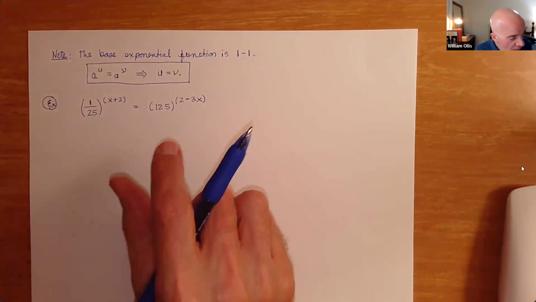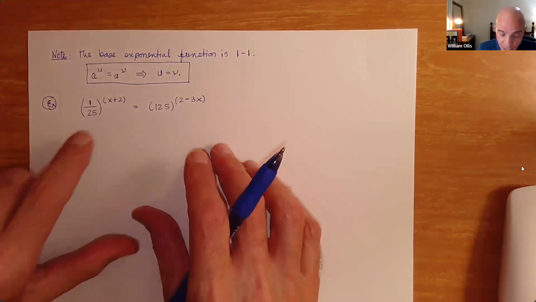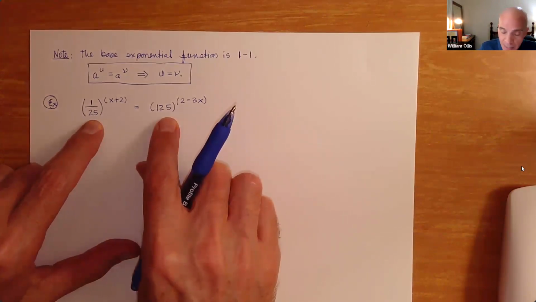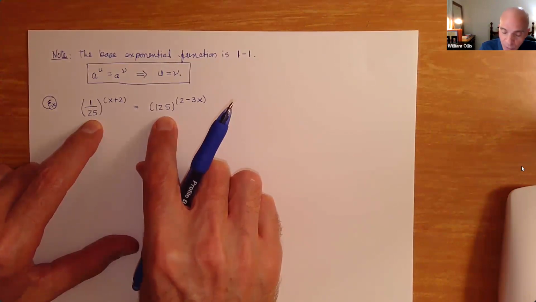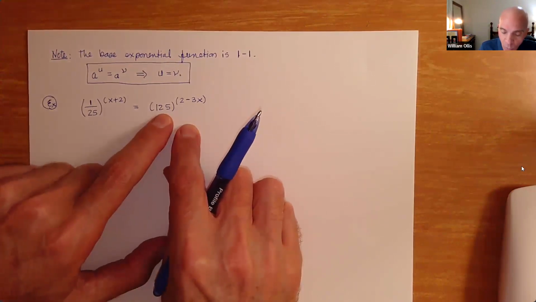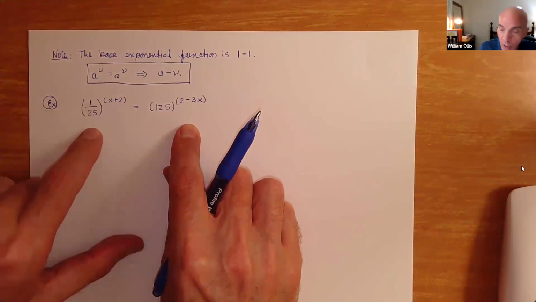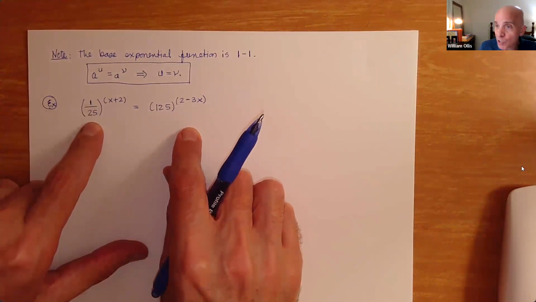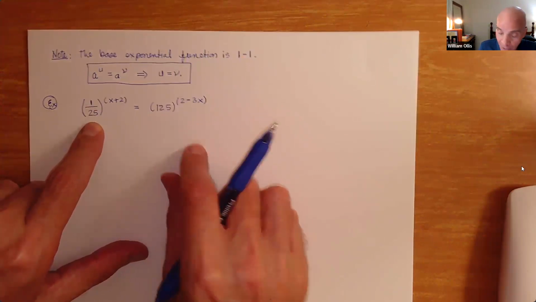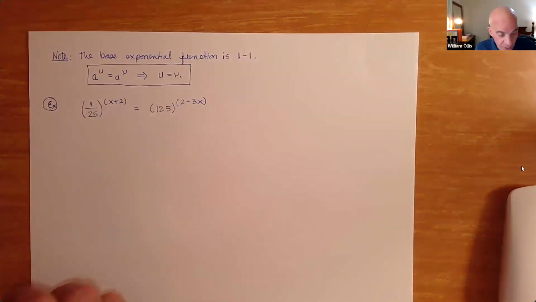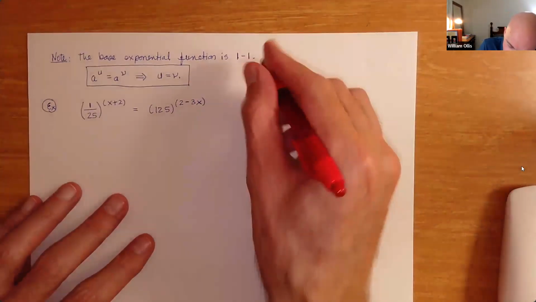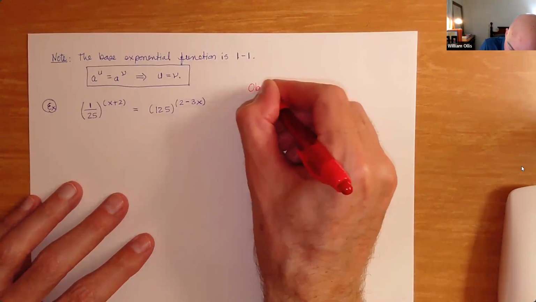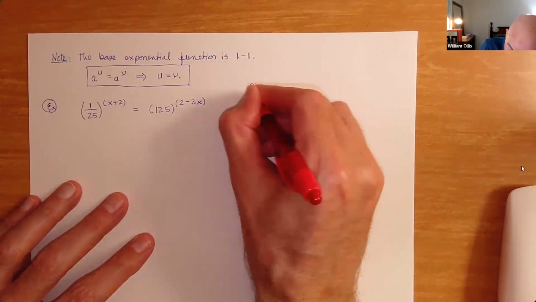Now, what this problem will require is that we're able to align the bases on each side of the equation. But what you can see is that the 125 and, of course, the 1/25 are actually powers of the base 5. So let's do a little observation here. And this will make the problem very easy. So we observe the following.